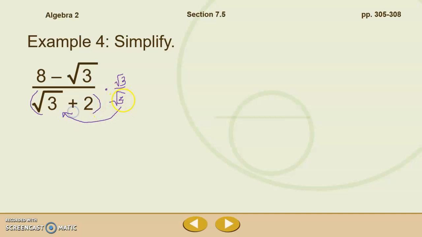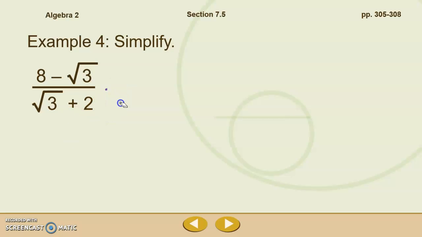So you're thinking at first, okay, square root of 3 times the square root of 3, that's just 3. But the square root of 3 times 2 is 2 square root of 3. And we didn't do anything. We still have this irrational number as part of our denominator. So just multiplying it by the square root of 3 doesn't get rid of that square root the way that we need it to.